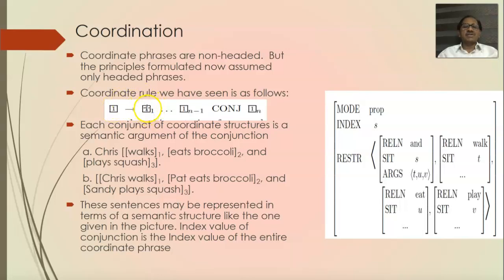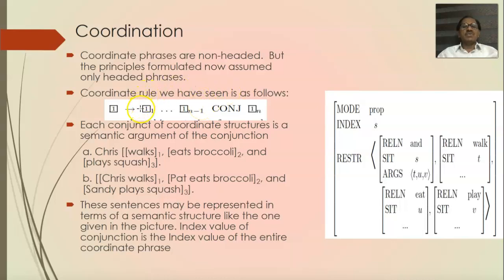So there is a VP conjunct, or PP conjunct, or NP conjunct 1, and it goes on 2, 3, 4, 5, 6, 7, n minus 1 conjuncts of the same category. Then you have the conjunction, like and, then the last conjunct, right? Just before the last conjunct, we have the conjunction. So this is our coordinate rule, which we have seen earlier.